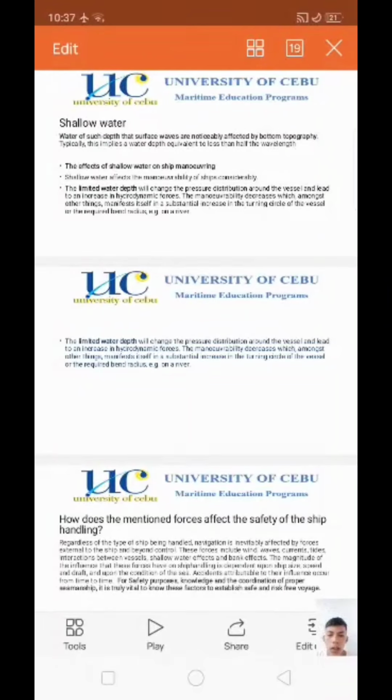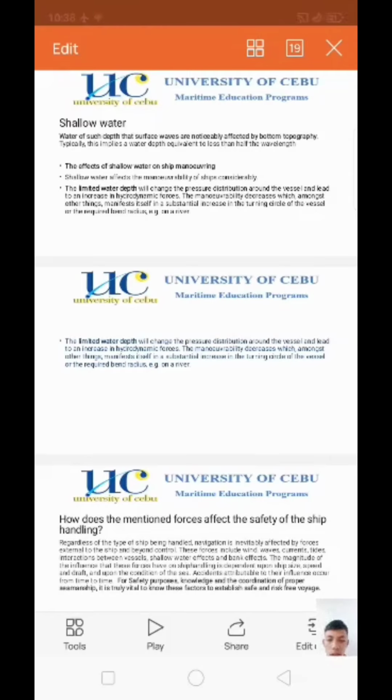I'm Cadet Mosqueda and I'm going to continue the report of Group 3. How do the mentioned forces affect the safety of ship handling? Regardless of the type of ship being handled, navigation is inevitably affected by forces external to the ship and beyond control. These forces include inertia, wind, waves, currents, tides, interaction between vessels, shallow water effects and bank effects.